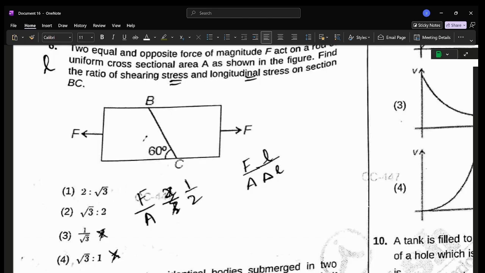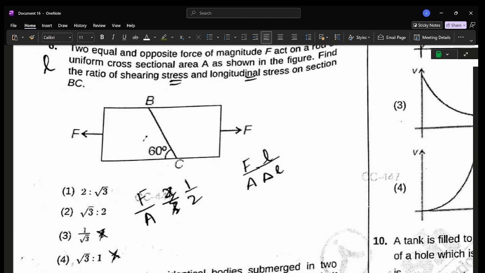A rod is being pulled by equal and opposite forces. So inside the rod, the normal longitudinal stress is F by A, where A is the cross-sectional area perpendicular to the rod. But the question is not asking for stress on the normal cross-section.